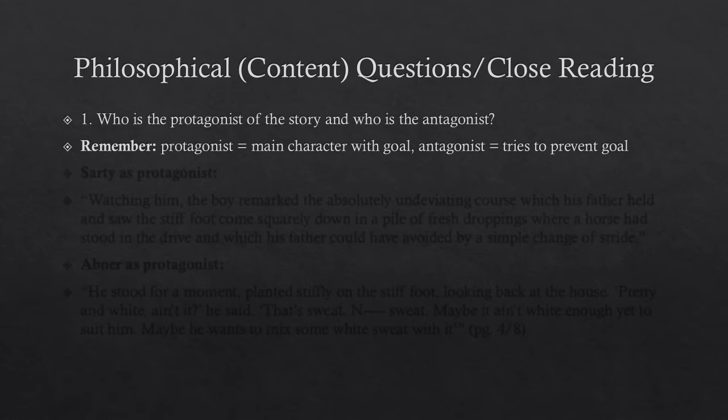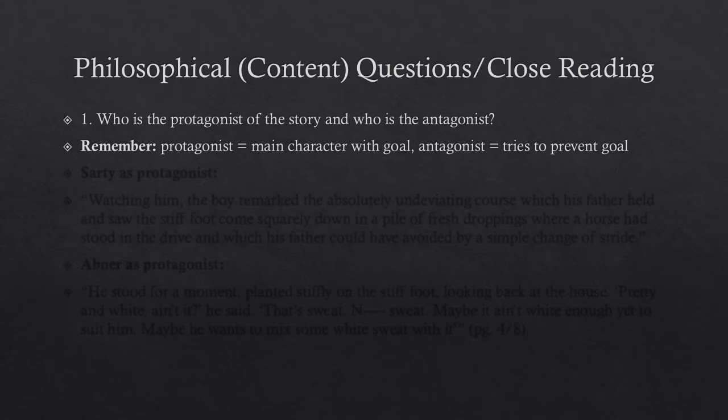So the action of the story plays out when the protagonist and the antagonist come into conflict, and then you have the climax, which is like their final battle, and then the resolution is what happens, who wins, does the protagonist achieve their goal or not. And then you have denouement, which is open or closed, how ambiguous is the ending of the story.